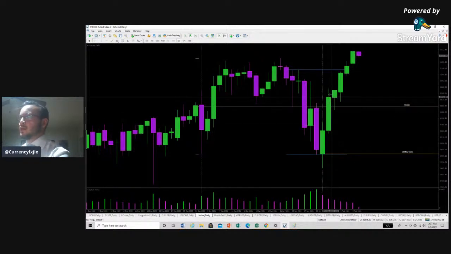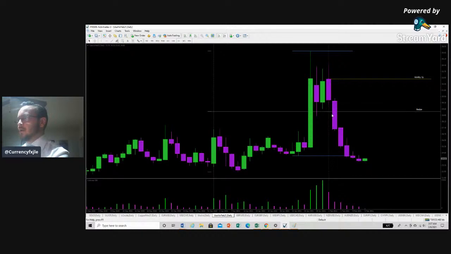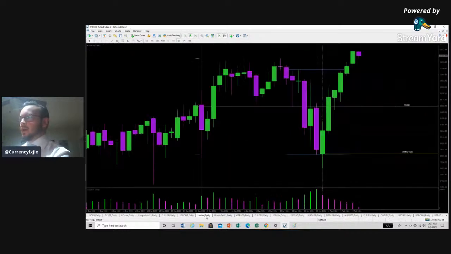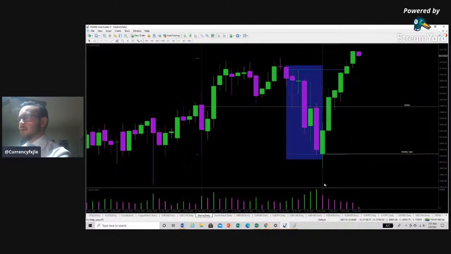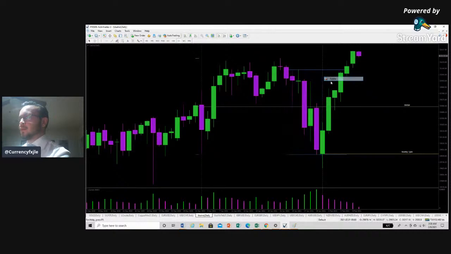So the median was tested on the second day, and right here the median was tested on the second day as well. So after having an increase of variation, this is the increase of variation that we have on the Dow Jones, we have a pullback to the mean value.